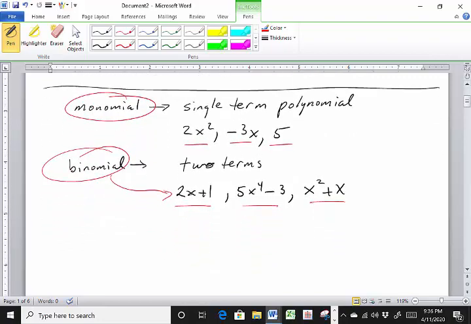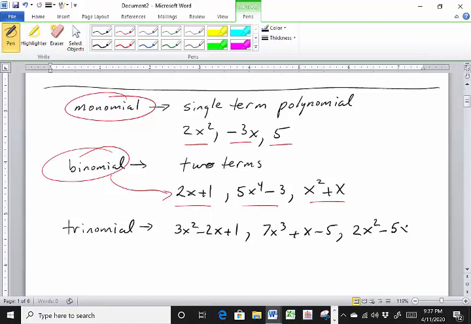And guess what? We can say trinomial. How many terms do you think that would be? Well, tri being 3. So I could have 3x squared minus 2x plus 1, 7x cubed plus x minus 5, 2x squared minus 5x plus 4.